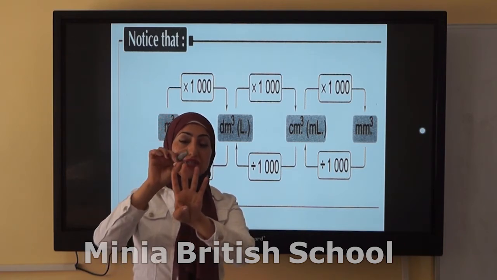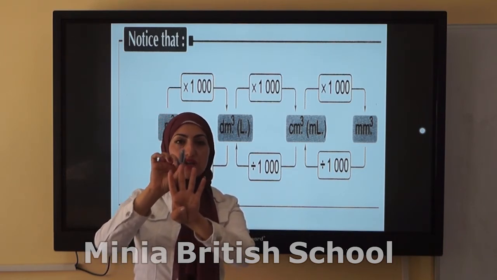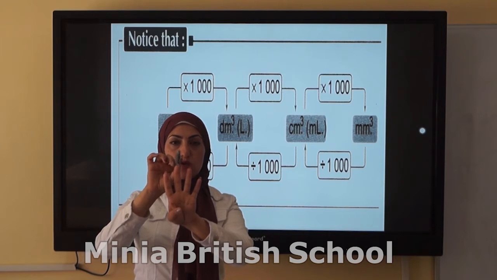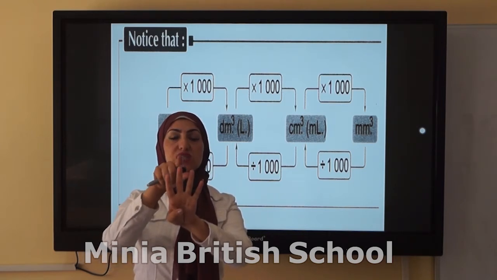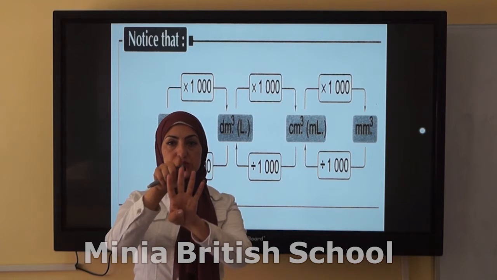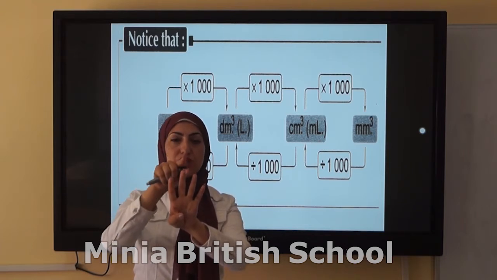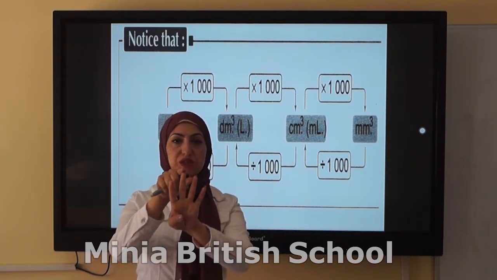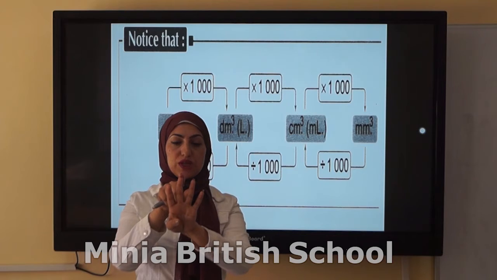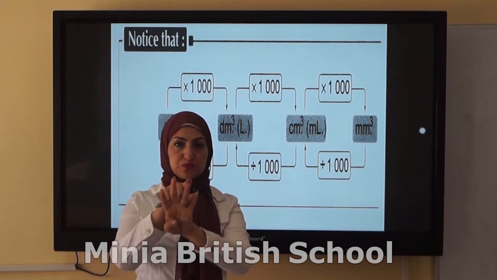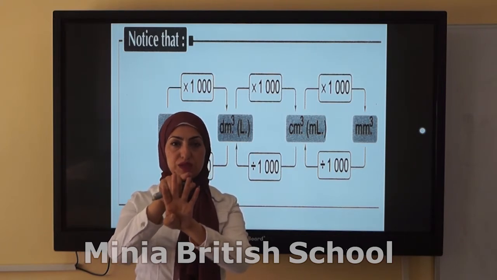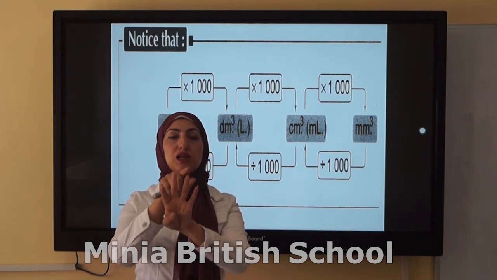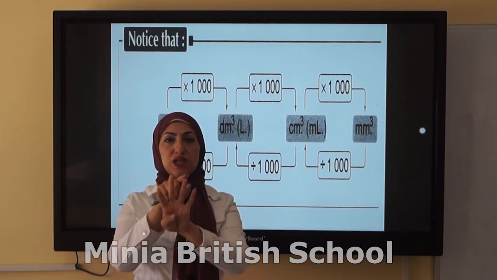But the cubic decimeter has another name, which is the liter. They are the same unit. Cubic decimeter equals liter. And also, cubic centimeter equals milliliter.